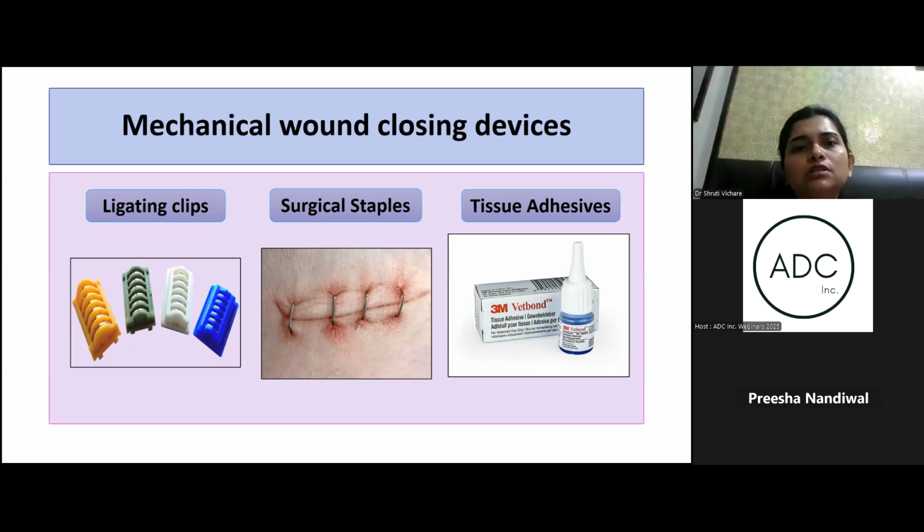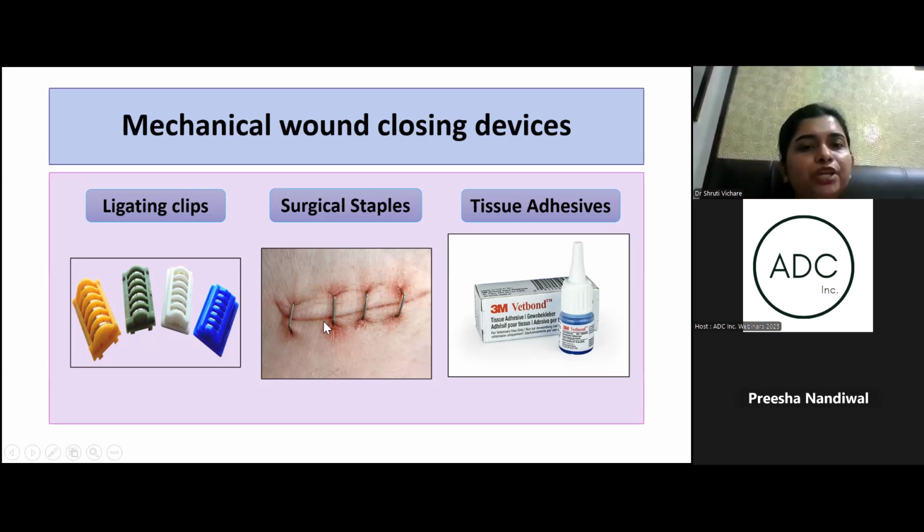Now surgical staples are also very commonly used. As you can see here, it is similar to the normal staples that are used on papers, right? These surgical staples are used in orthopedic surgery and also in oral and maxillofacial surgery. We have done a lot of suturing in neck dissection cases. We do some subcutaneous suturing, and then the skin suturing is facilitated with the help of these surgical staples.